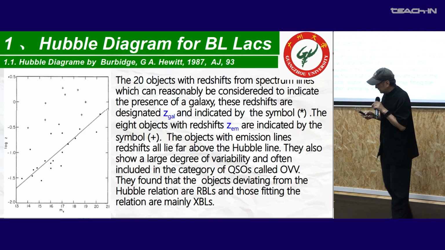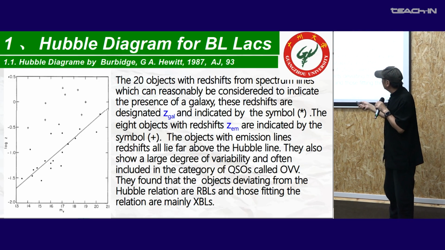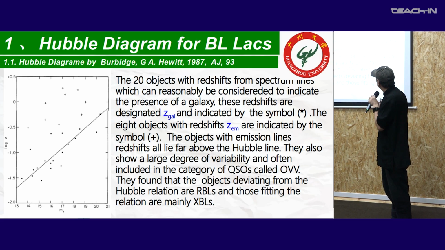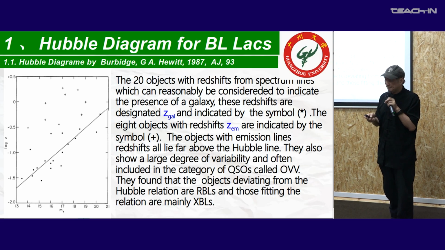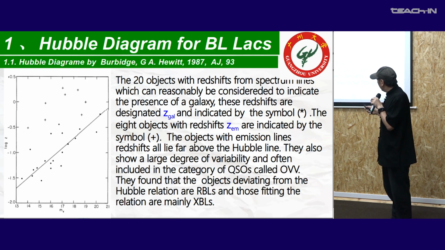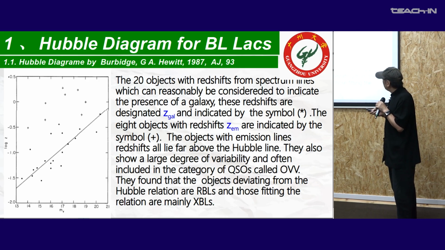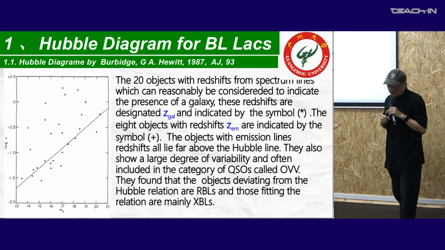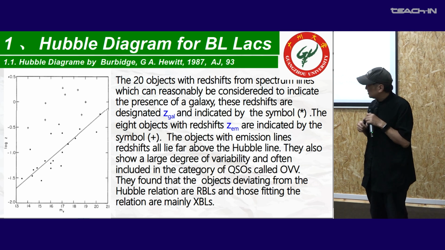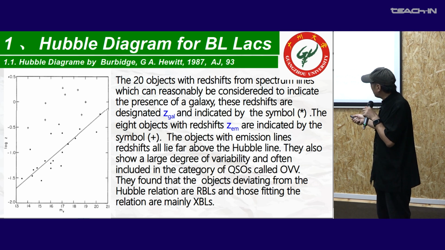They also found that all of these sources that deviate from the line are sometimes OVVs; these sources are also very variable. So perhaps these sources are not in the same group as the others, because they do not fit the same Hubble relation.